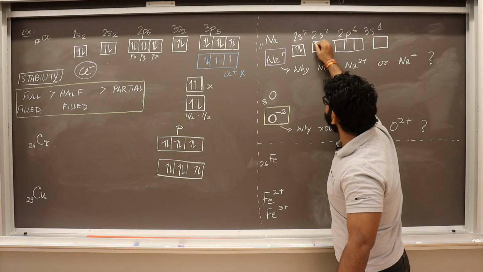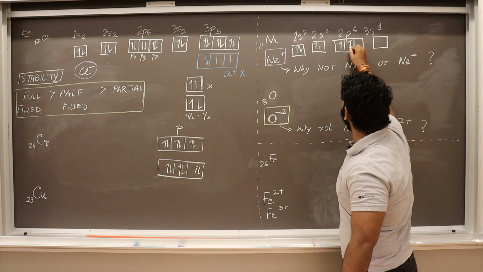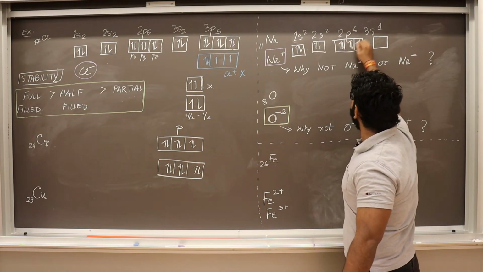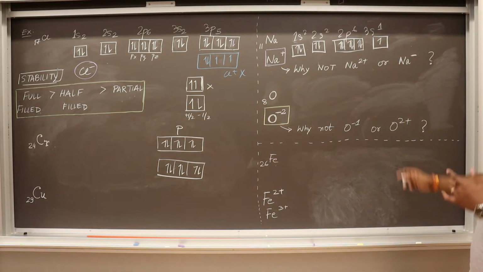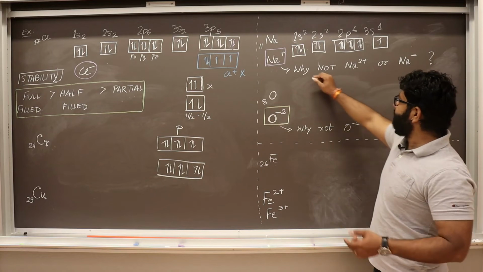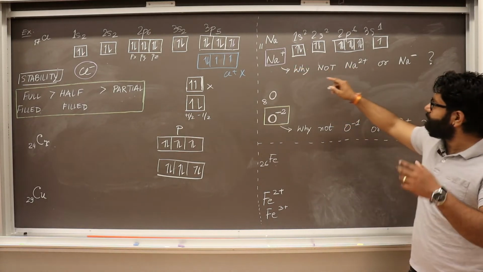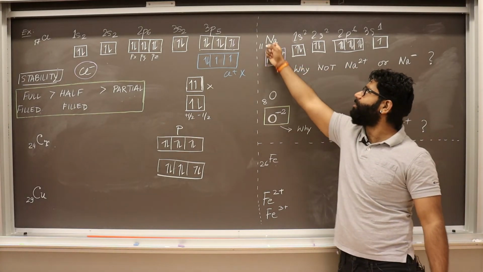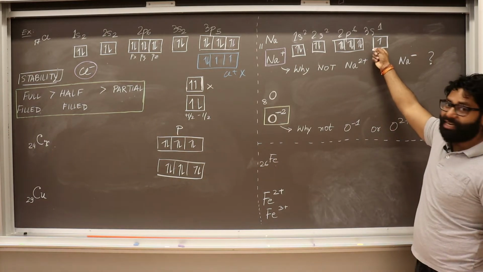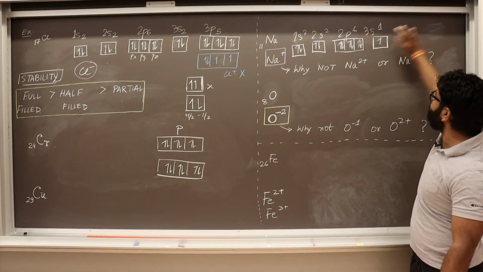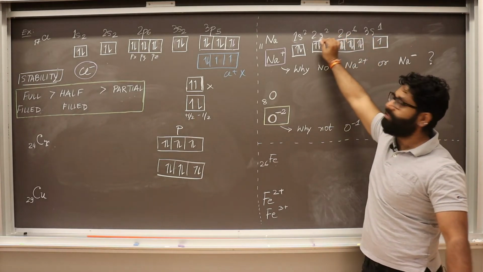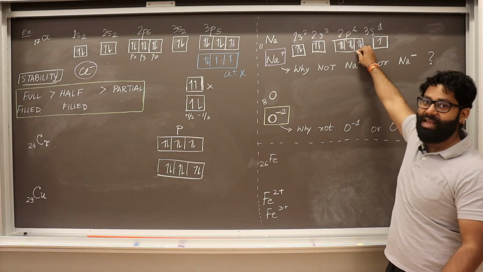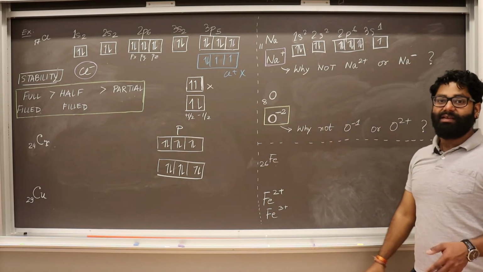So you know the box diagram now. Now, when Na plus is formed from Na, this electron is lost. If you just remove this electron, you get a fully filled electronic configuration, and that is why Na plus is stable.